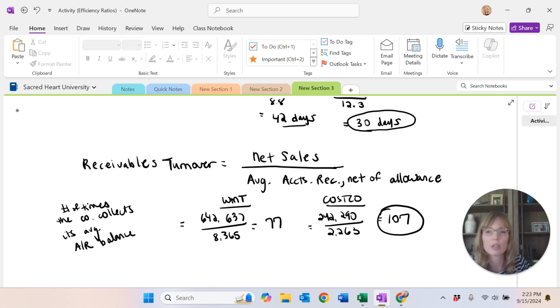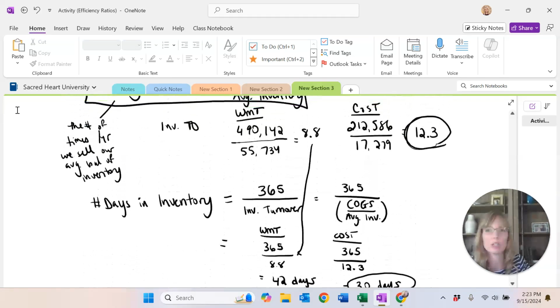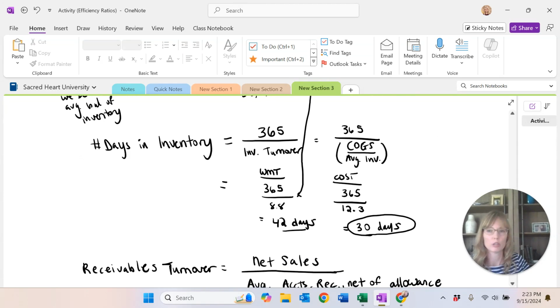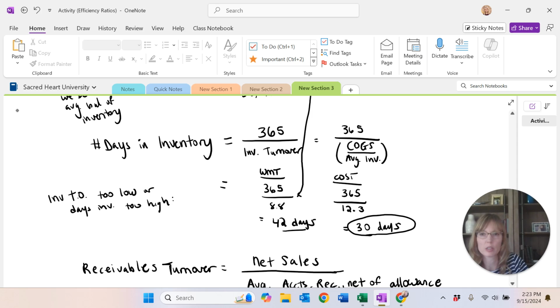Some concerns that a company might have. Let's go back to the inventory turnover. Some concerns with inventory turnover is too low, or days in inventory is too high. What's the problem with this? This can lead to obsolescence. Our inventory is no longer as good as it was when we first purchased it.